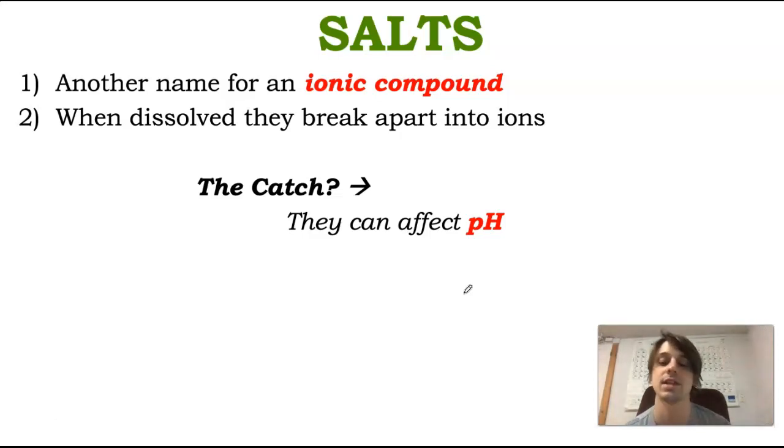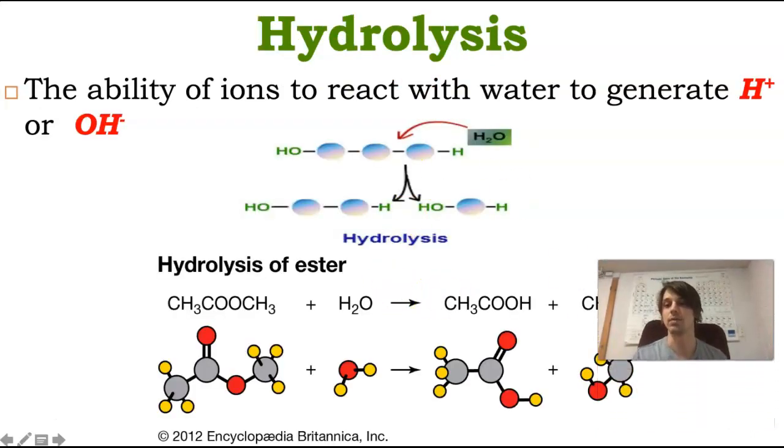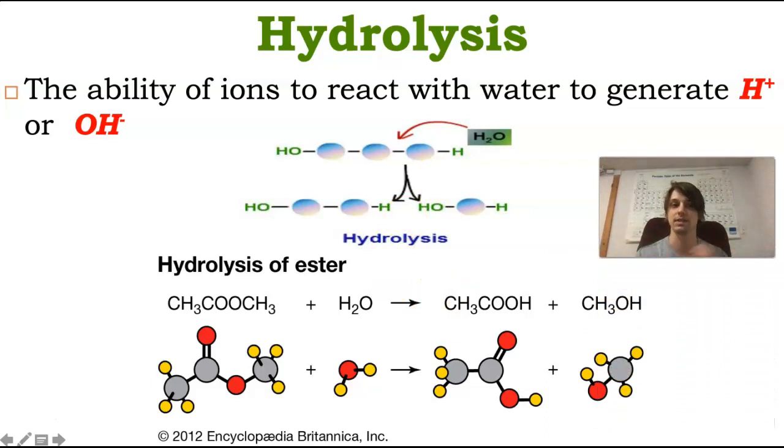Why? Because some of these ions are technically conjugate acids or conjugate bases, and I want us to understand why that is today. What we're going to be looking at here is hydrolysis, and this is a key term you should be comfortable with.